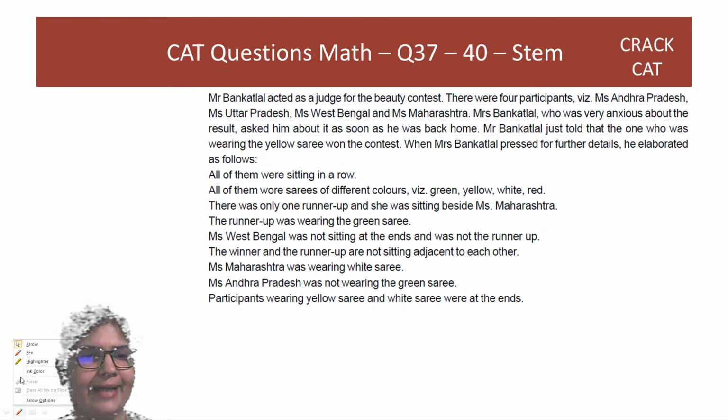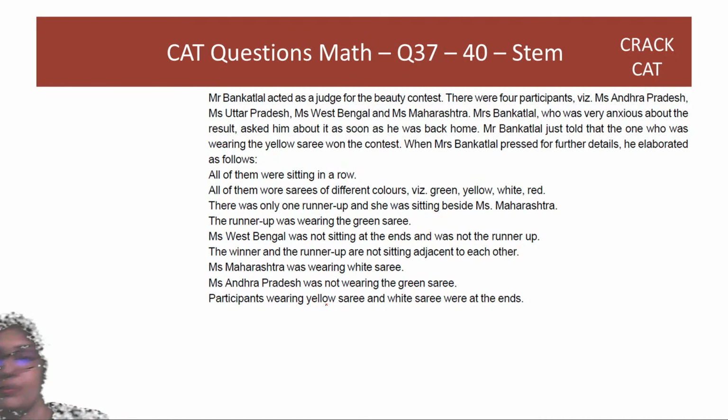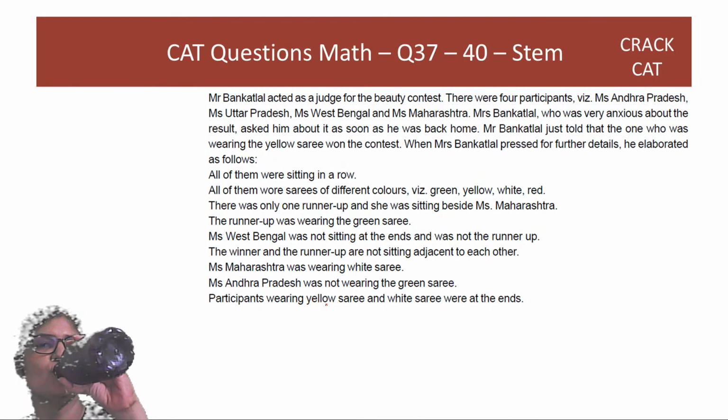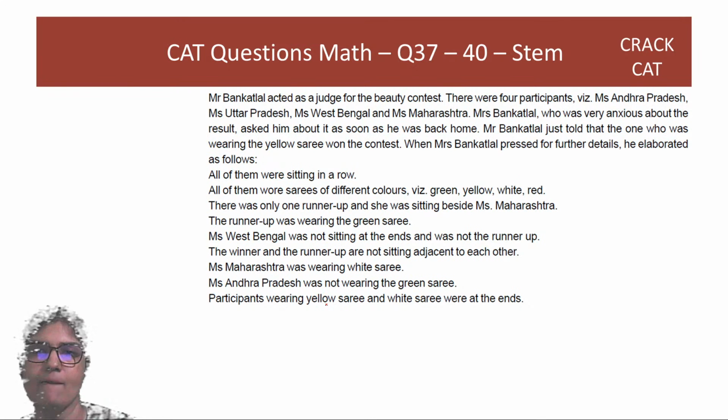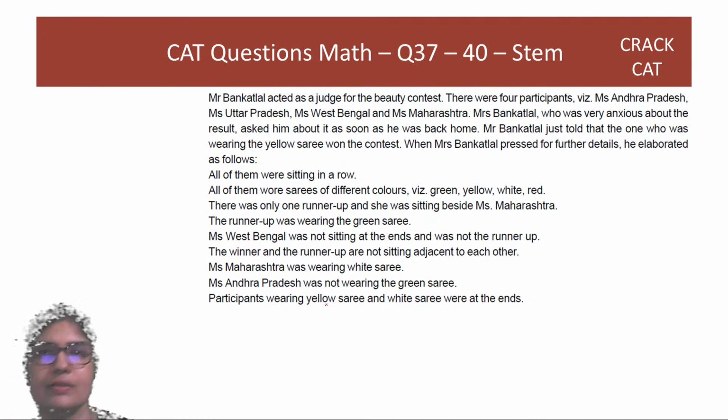Bankat Lal acted as a judge for the beauty contest. There were 4 participants: Miss Andhra Pradesh, Uttar Pradesh, West Bengal and Maharashtra. Mrs. Bankat Lal was very anxious. So as soon as he came home, he was told that the one who was wearing the yellow sari won the contest.